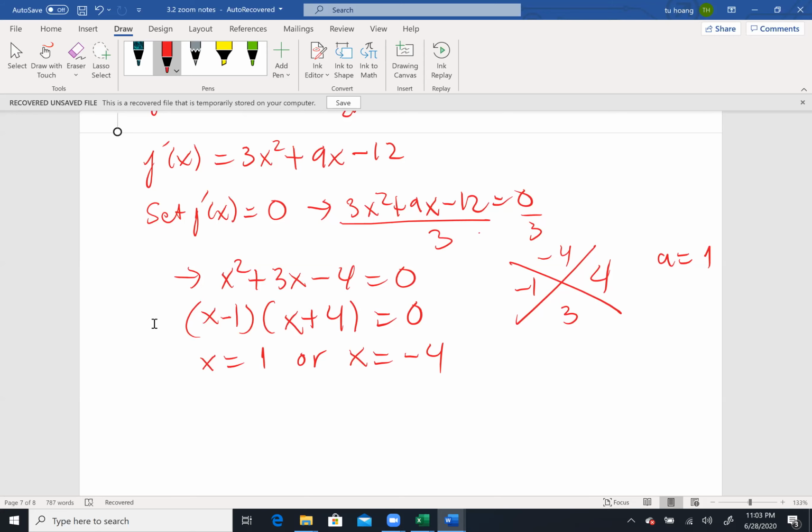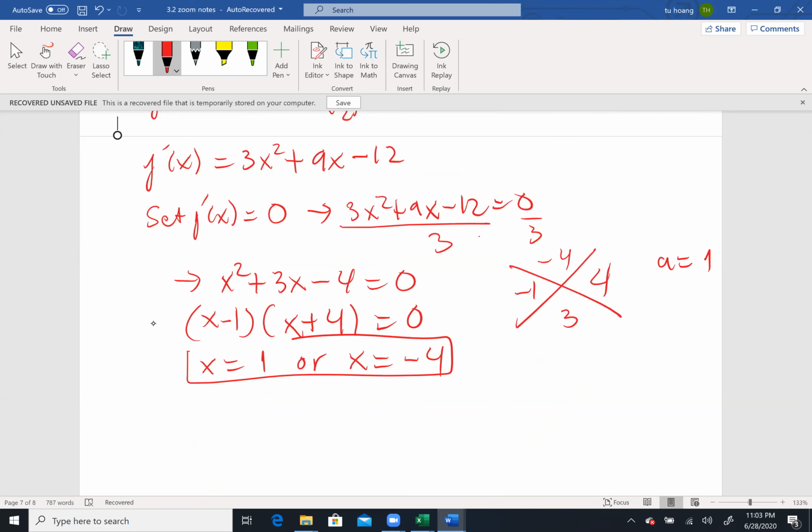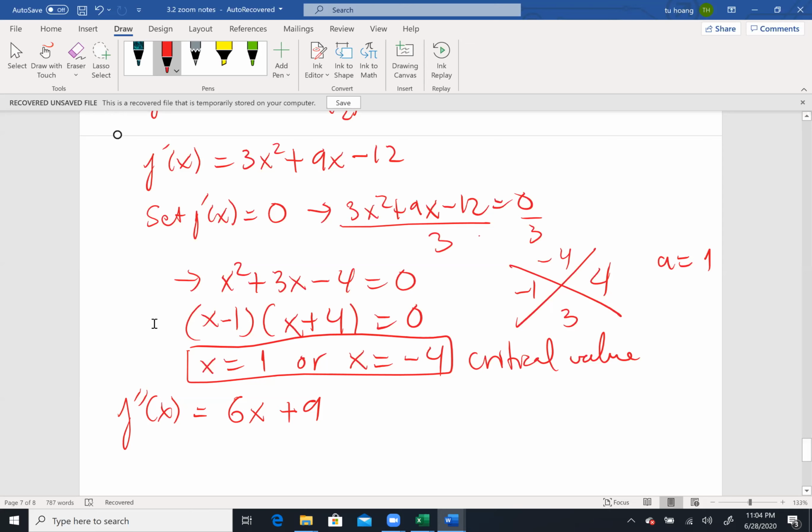Okay, and I'm gonna have f second derivative of x equal to 6x plus 9, right? And then apply the second derivative test.